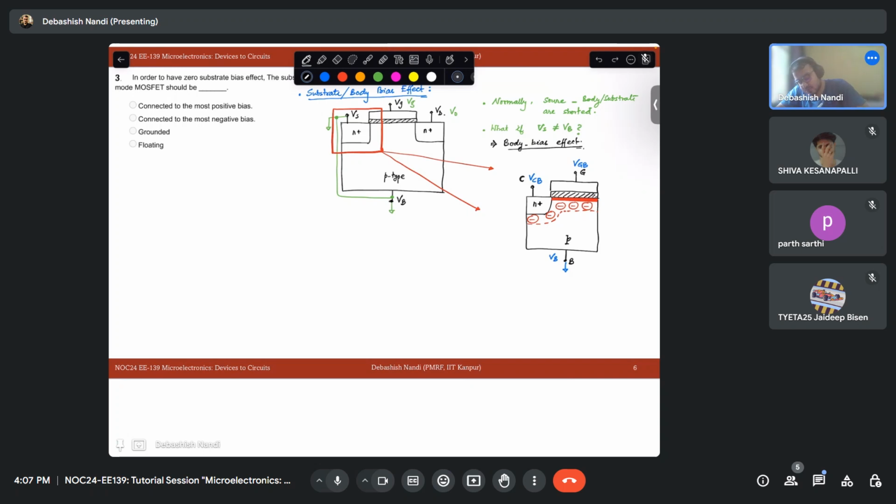Now, can you see that there is a PN junction diode forming here?